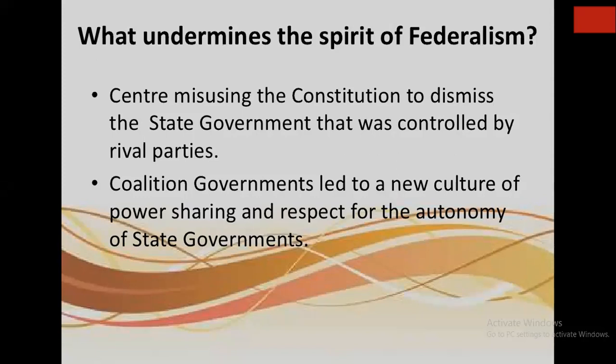The usual reason for this type of arrangement is that no party on its own can achieve a majority in the election. That's why we have this form of government, that is coalition government. Again, I'm saying, coalition government means political parties cooperate, reducing the dominance of any one party within that coalition.